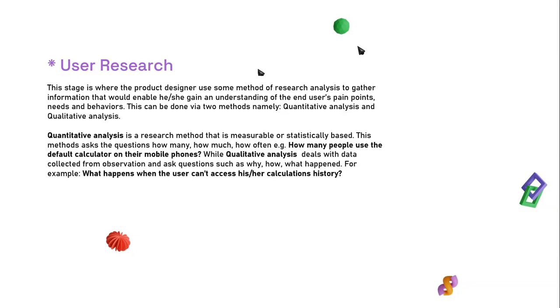Do they start the whole calculation process again from the beginning to see if they can correct themselves? These are the questions you ask your users, or you send out a survey. You ask people so they can give you feedback, and you can use this to create a very good overview of who your target audience and users are, and what their problems are.